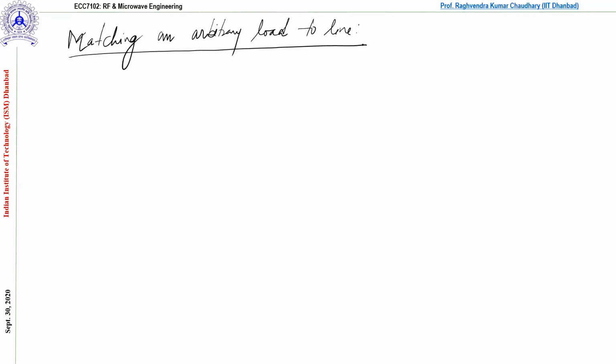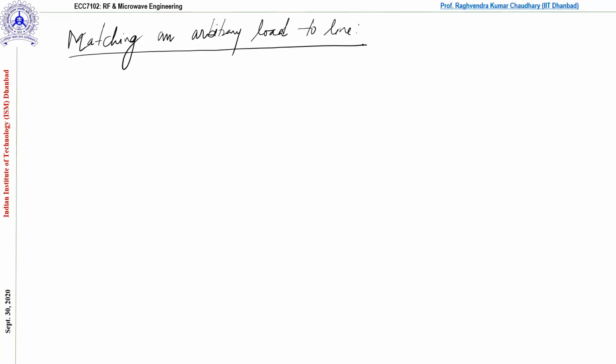In series, it is quite challenging. In parallel, we can manage these steps. So we have to learn how to use the same Smith chart for the admittance case.